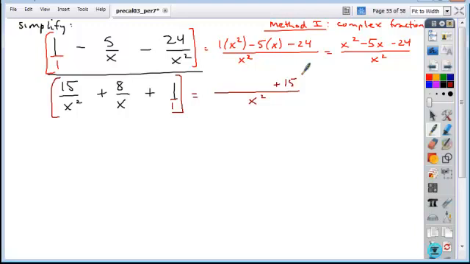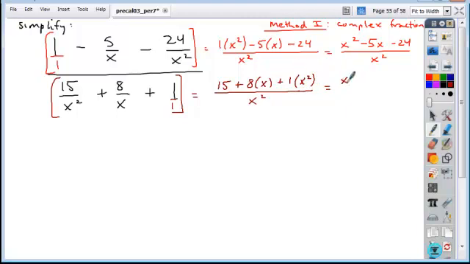Now, actually, I'll write it normal. So we have 15 plus the next fraction's numerator, 8, times the missing LCD factor from its denominator. It's missing an x. And then plus 1, our last fraction's numerator, times the missing LCD factor from its denominator. It's missing the whole thing, x squared.